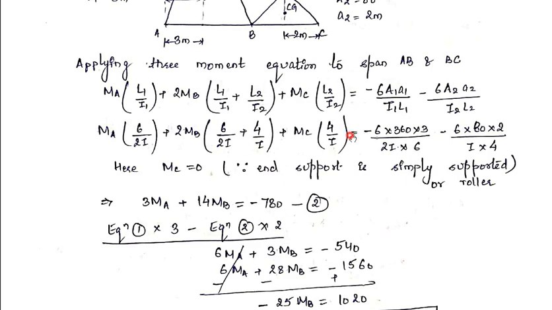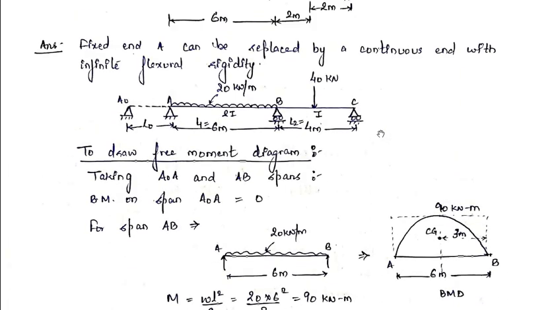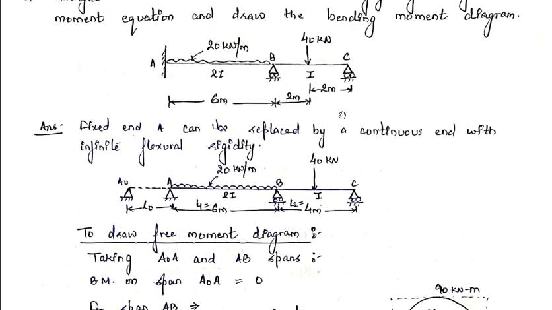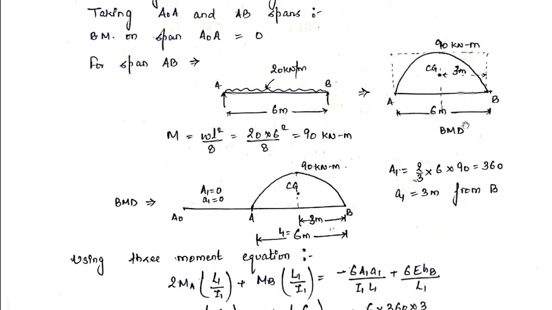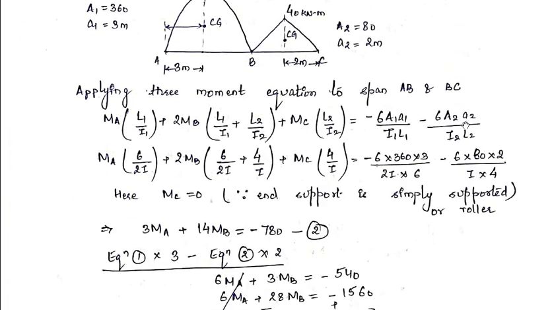If you look at the complete beam which is given, this C support is a roller support, and when the end support is a roller or hinge, the bending moment is 0. So the value of MC will be equal to 0. While solving this equation, put MC equal to 0.